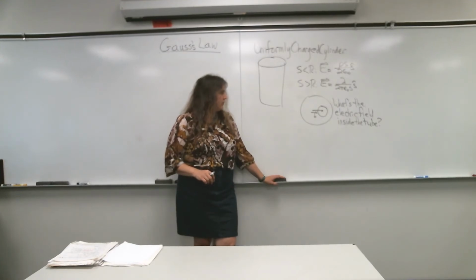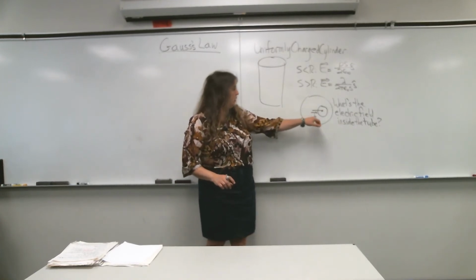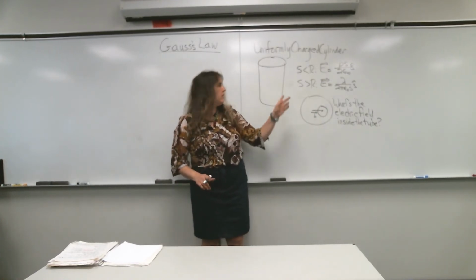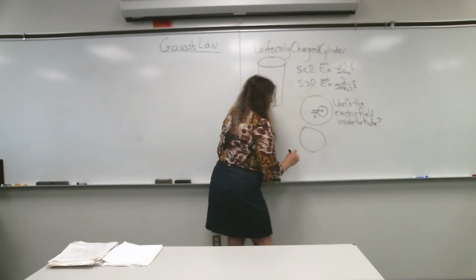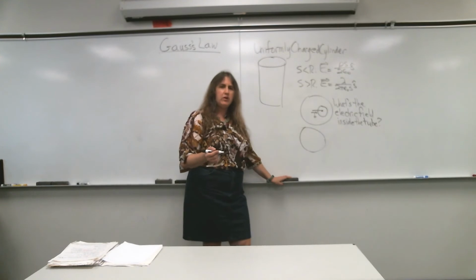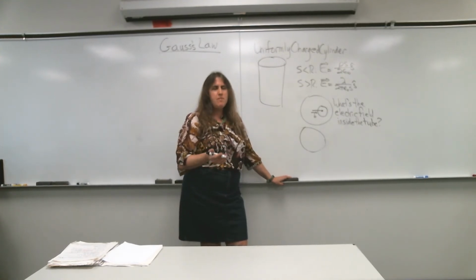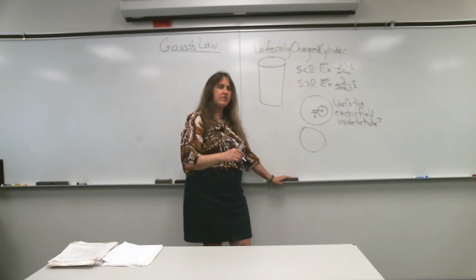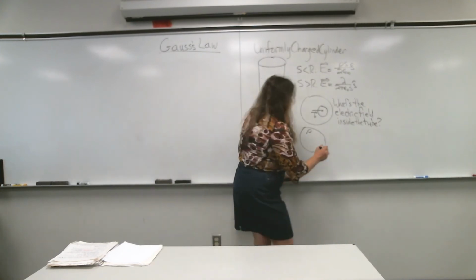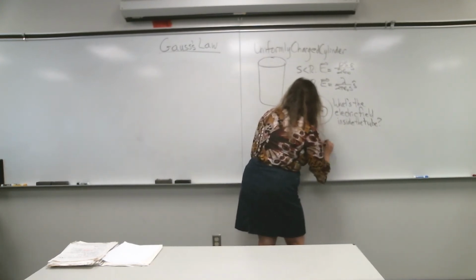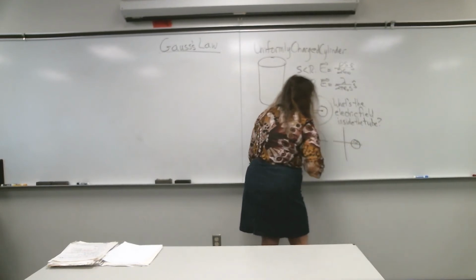But what I can do is treat these two problems separately. In other words, I have my original problem of my uniformly charged cylinder, and then I add to it another cylinder that bears equal magnitude of volume charge, but the opposite sign. So this is rho, and this is minus rho.